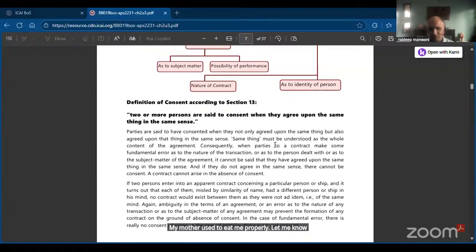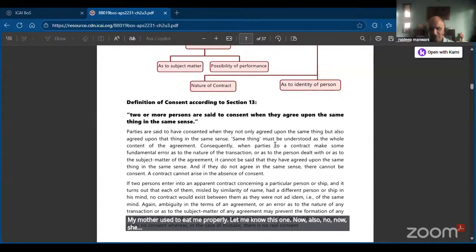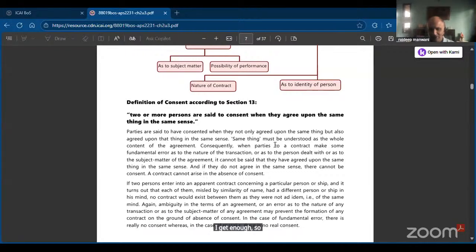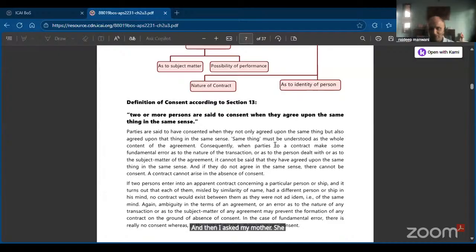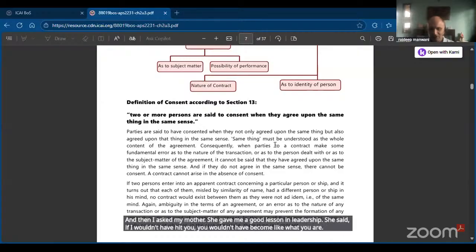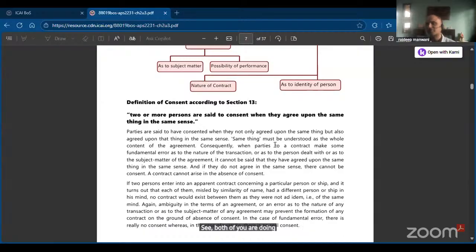Now also, now I get run off, so she can't catch. But why I used to be angry with my mother is she used to hit me, but she never used to hit my sister. Then I asked my mother. She gave me a good lesson in leadership. She said, if I wouldn't have hit you, you wouldn't have become like what you are. See, both of you are doing well now in life. Your sister is also doing well without hitting. You are doing well after being hit.